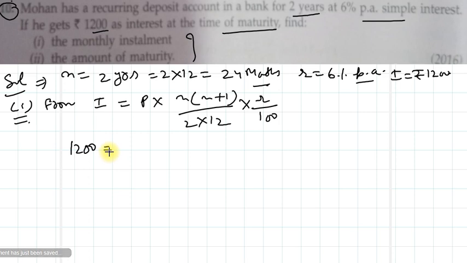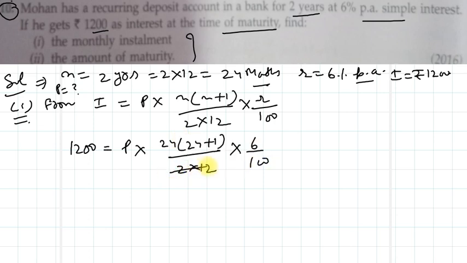P we have to calculate here. So n is 24 plus 1 upon 2 into 12 into R is 6 upon 100. 12 and the 24 got cancelled, right?